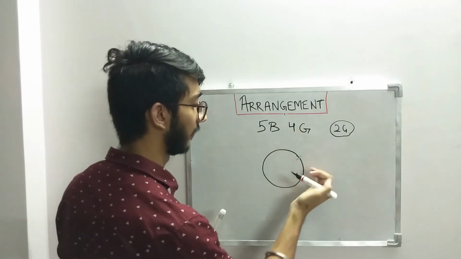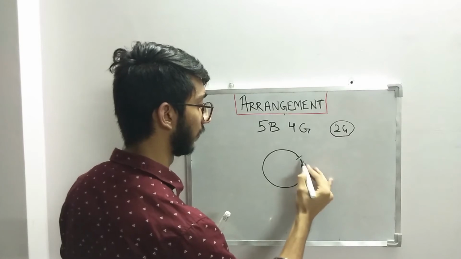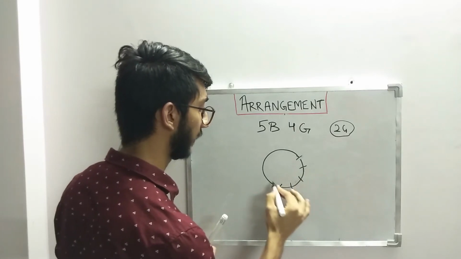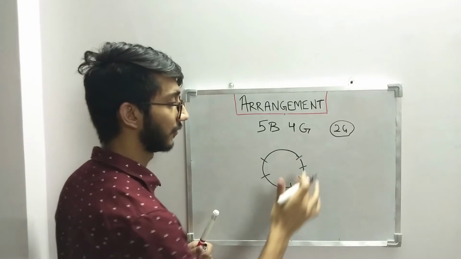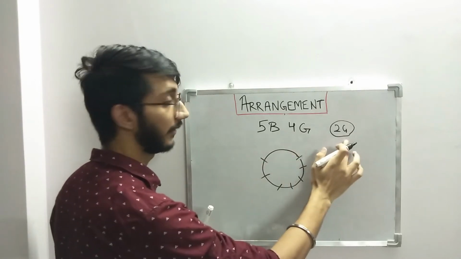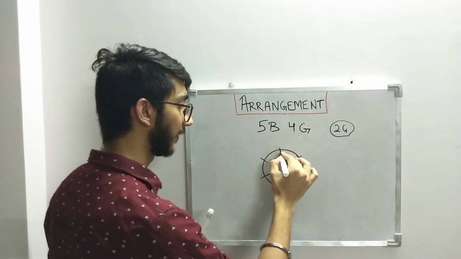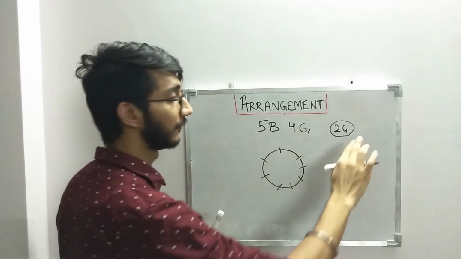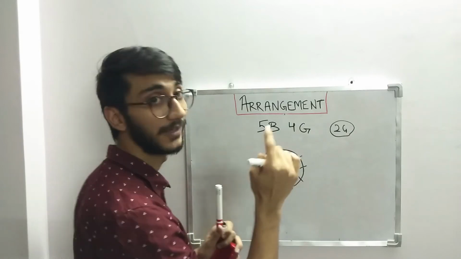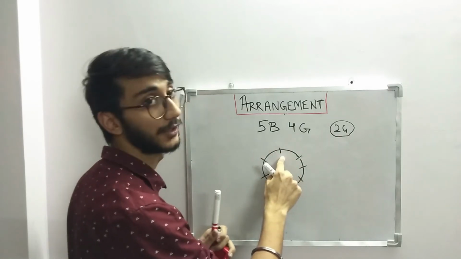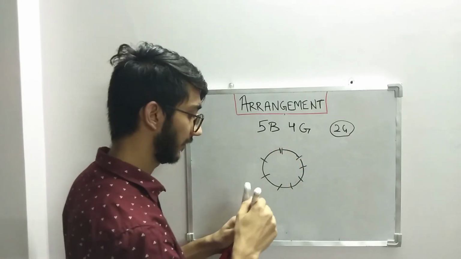So I have 1, 2, 3, 4, 5, 6 and 7. So I have 7 of them and 2 of them. That means I'll take a separate place for the 2. So for 2 girls, I am considering only one place because they always have to be seated together, right? This is only one place.